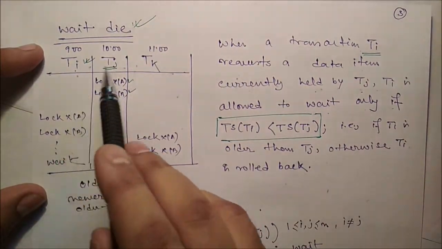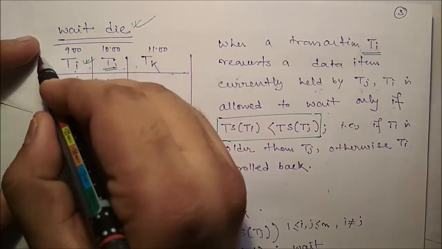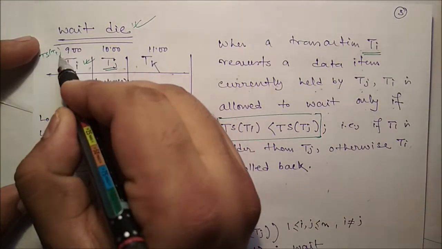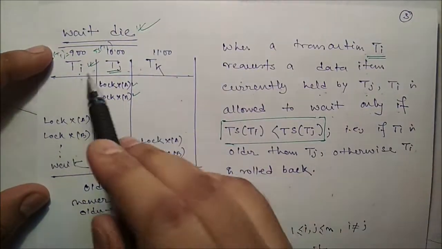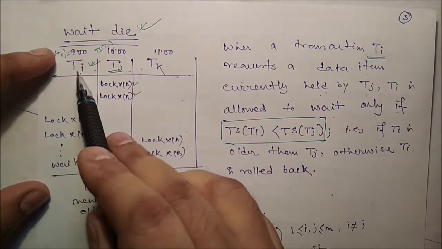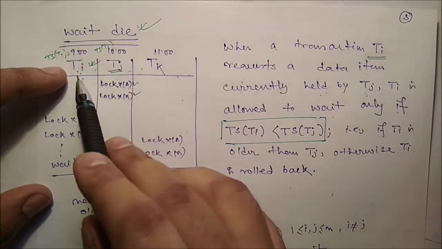Which one is older? Look at the timestamps: TS(Ti) is 9 am and TS(Tj) is 10 am. So Ti is the older transaction and Tj is the newer transaction.